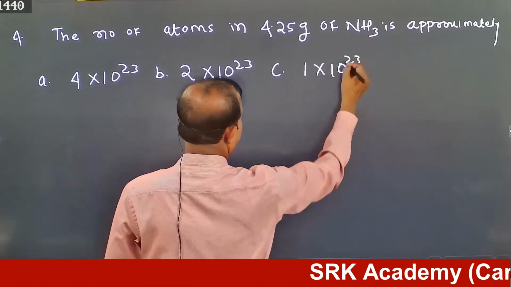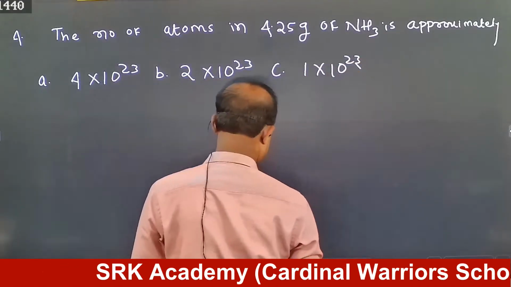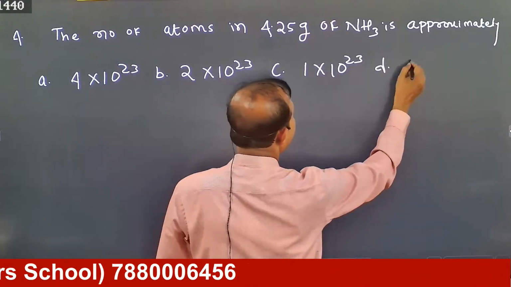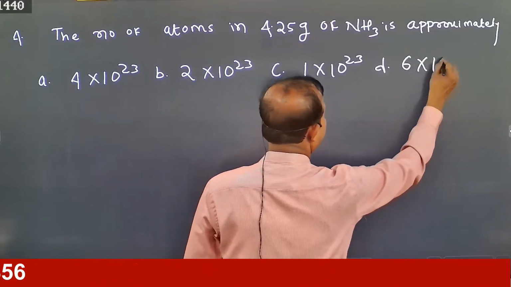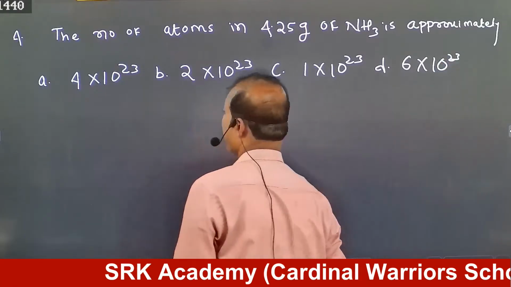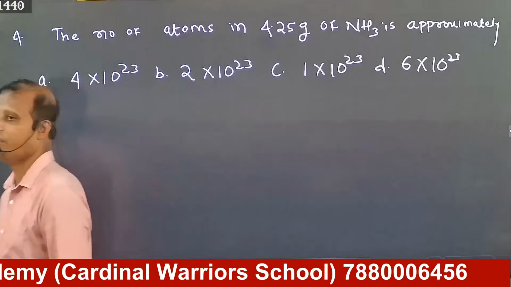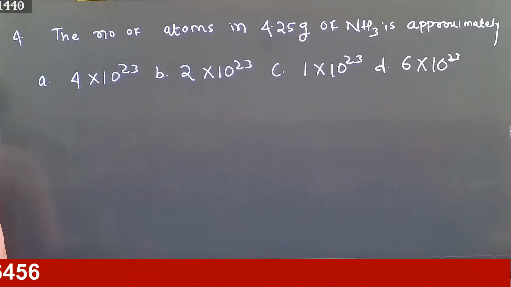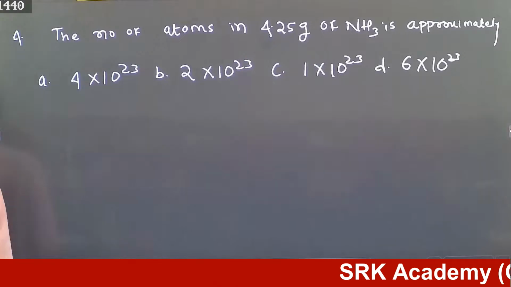And option D, 6 into 10 to the power 23. The number of atoms in 4.25 gram of ammonia is approximately how many?